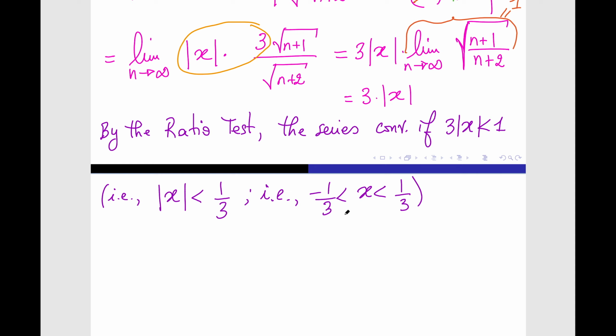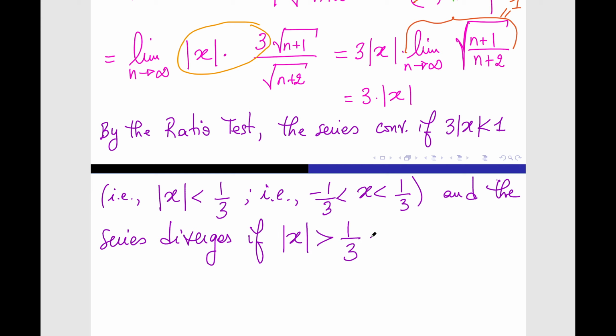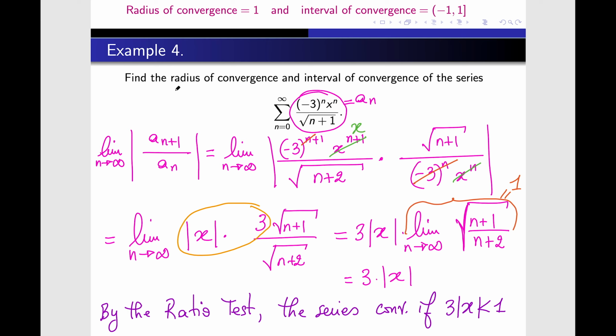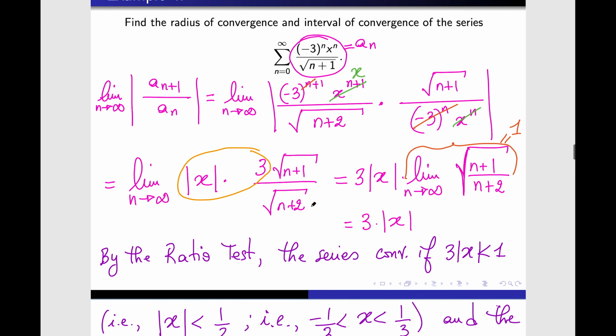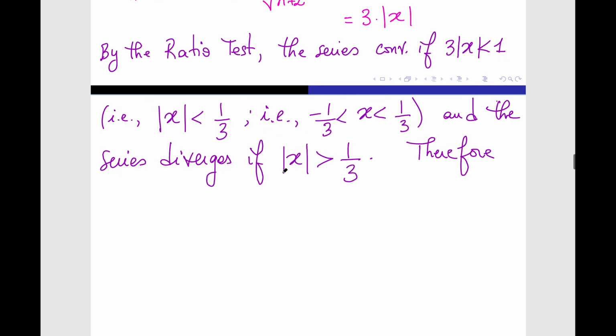We get convergence here, and by the same test, the series diverges outside of this, if the absolute value of x is bigger than 1/3. Okay, so therefore, what can you say? There are two parts of the question: determining the radius of convergence and the interval of convergence, where the radius of convergence is 1/3, right? Because this series is centered at 0, so the interval of convergence is centered at 0, and you can go 1/3 units away from 0 while having convergence.